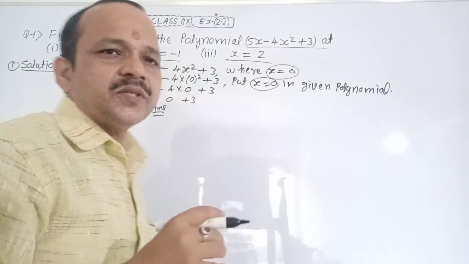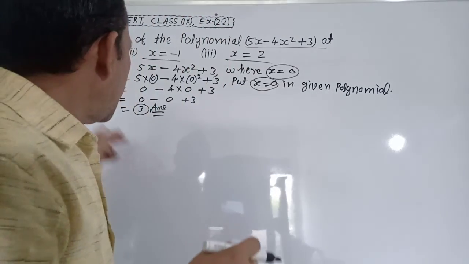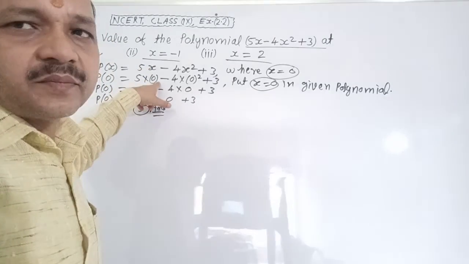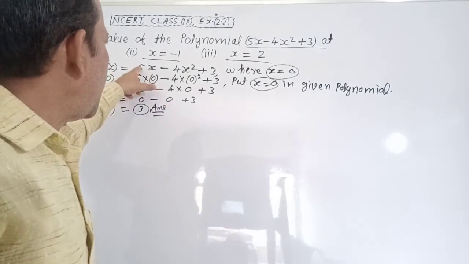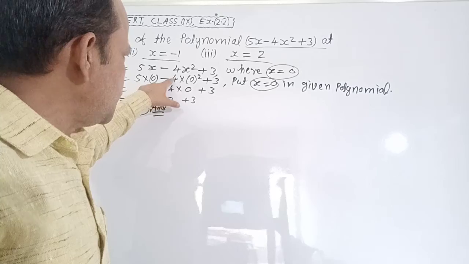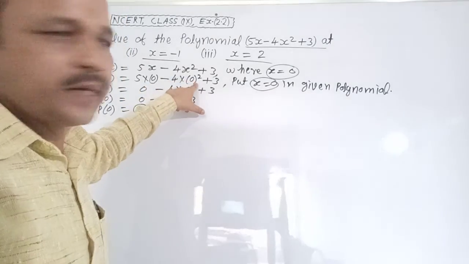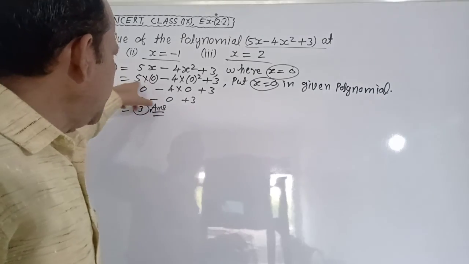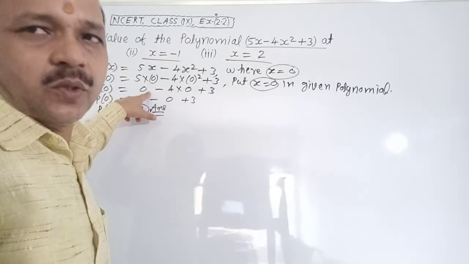Your answer is 3. You put x equal to 0. 5 multiplied by 0 minus 4 multiplied by 0 square plus 3. X means 0. Clear? 5 multiplied by 0 becomes 0.